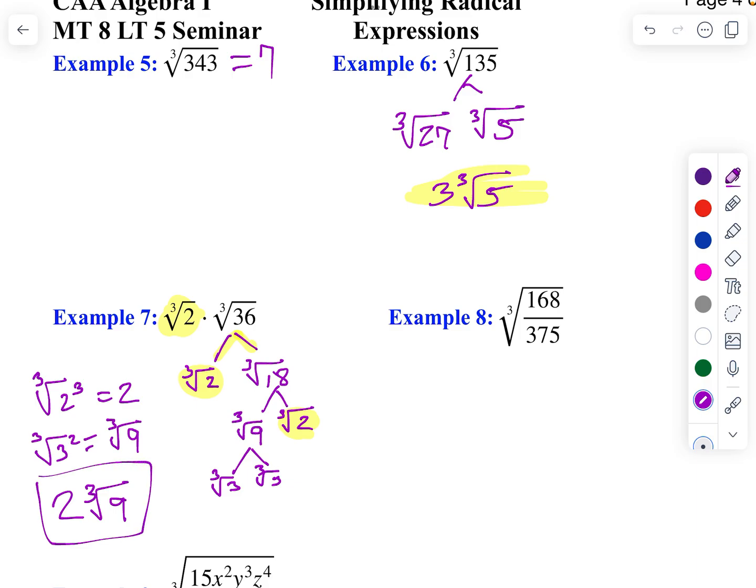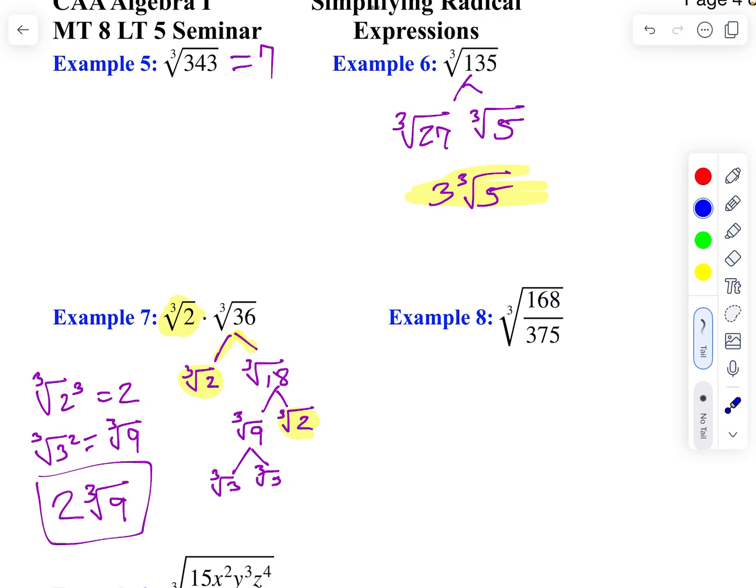And there's our answer. Now in example 8, I've got this fraction. And anytime I've got a fraction, I always say I'd like to work with smaller numbers. Is anything going to go into both of them? Well, at first, I know 5 goes into 375. Doesn't look like it reduces, but notice, if I add the digits, what's 1 plus 6 plus 8?